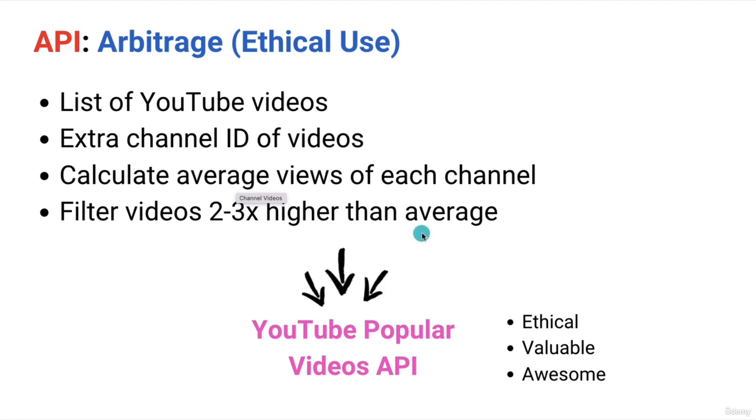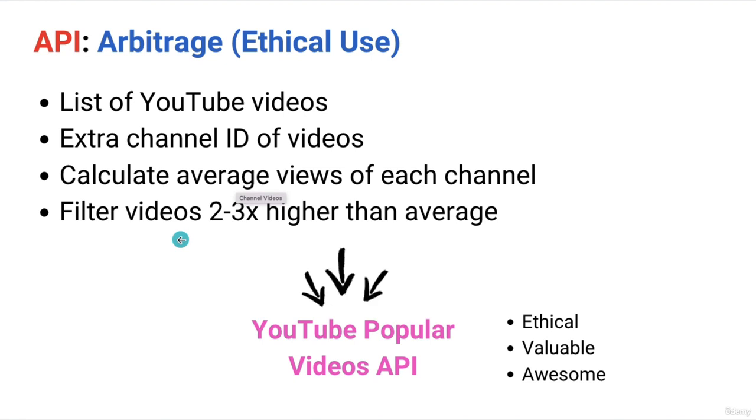We can create one API based on this method. We will create a list of YouTube videos and collect the different channel IDs from those videos. We will see how much average views each channel is getting.